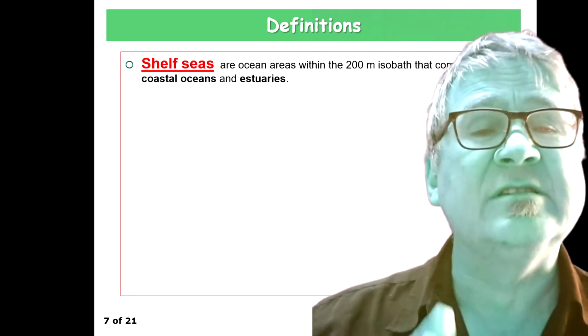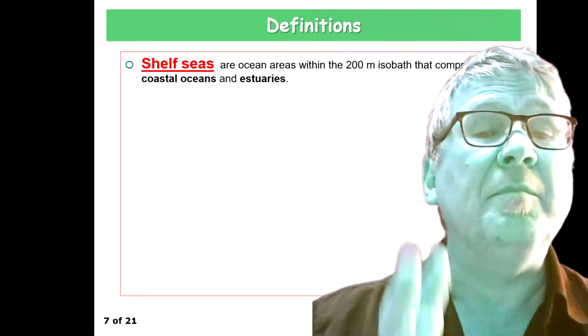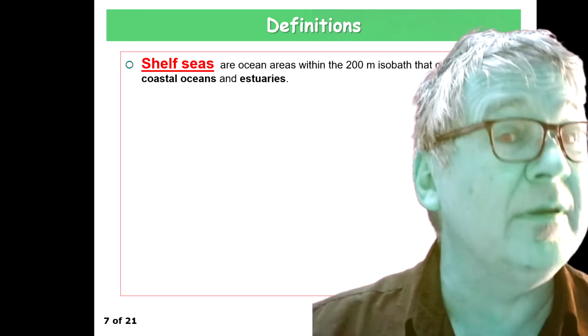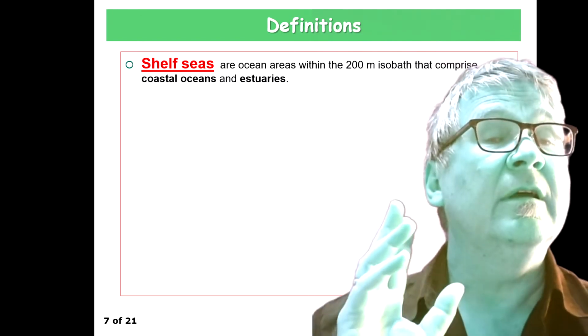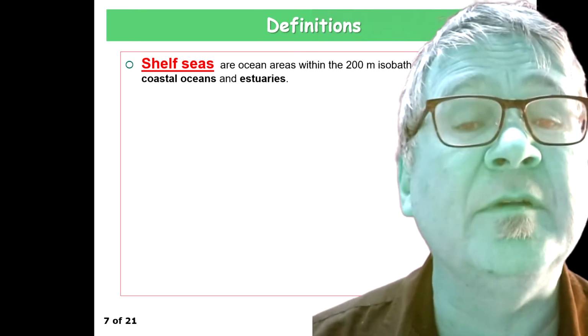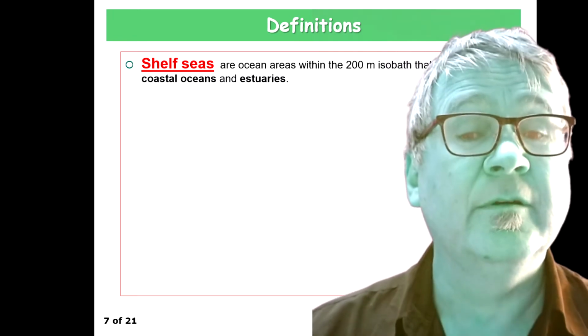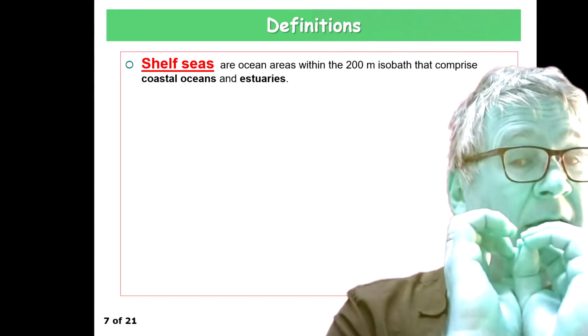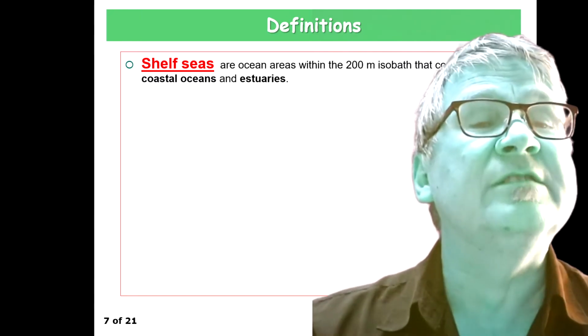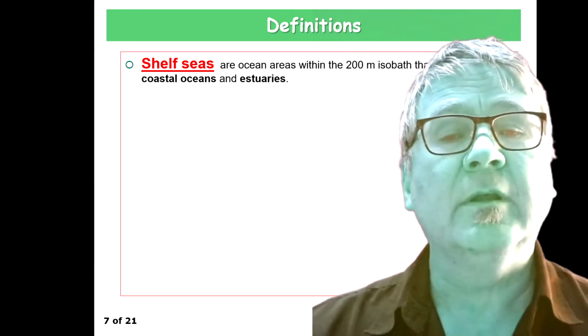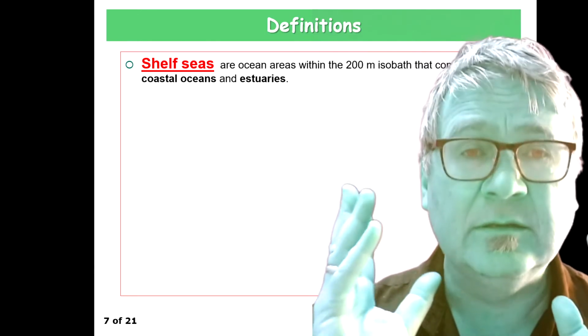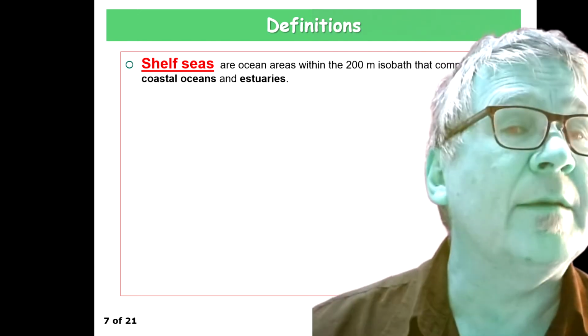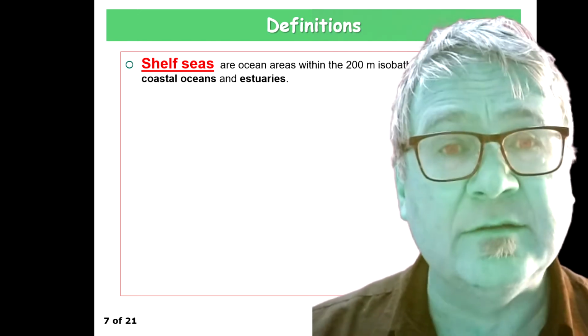As I told you, in some regions it can be deeper. The continental shelf can be 300, 400 meters, even 500. But anyway, this is how we distinguish shelf seas from the open ocean. The open ocean has an average water depth of 4,000 meters. That's the difference.